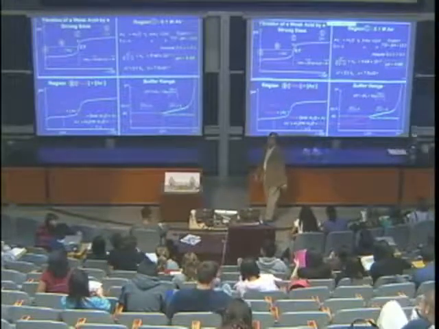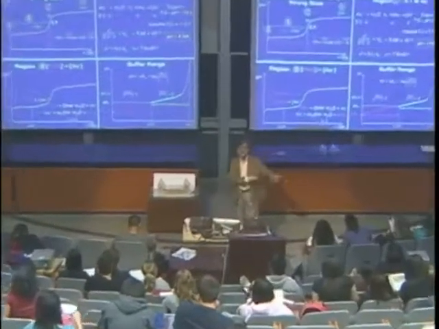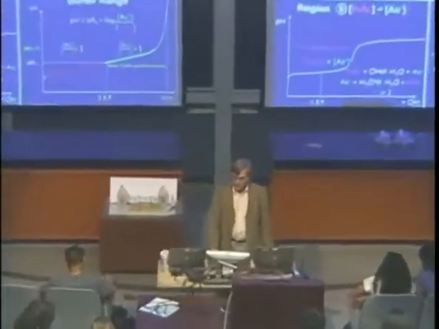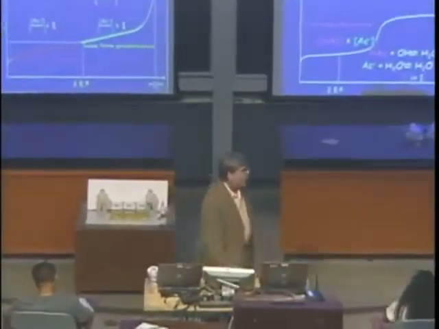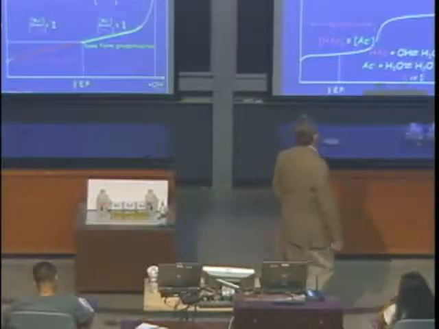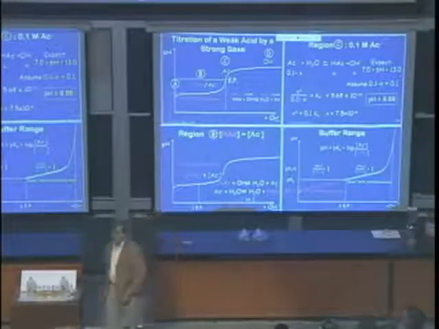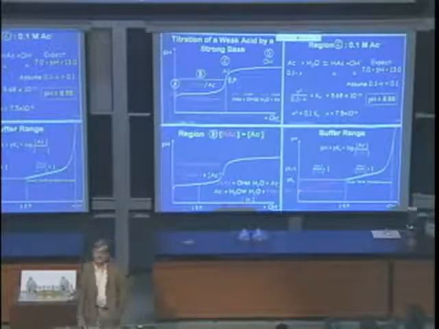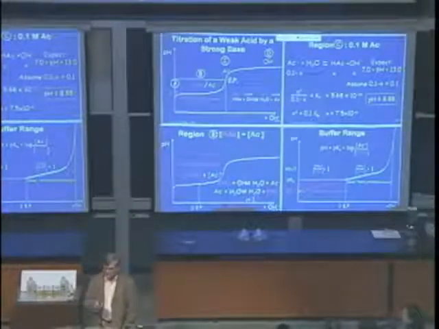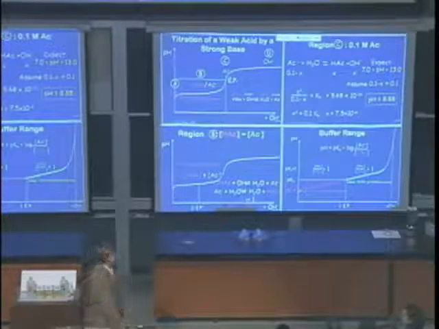Some of it goes to the right side to the products, but lots of it stays as reactant. And so we have to treat them differently. It's easy to calculate the pH of a strong acid, but it's very difficult to calculate the pH of a weak acid. But I've shown you how to do that.